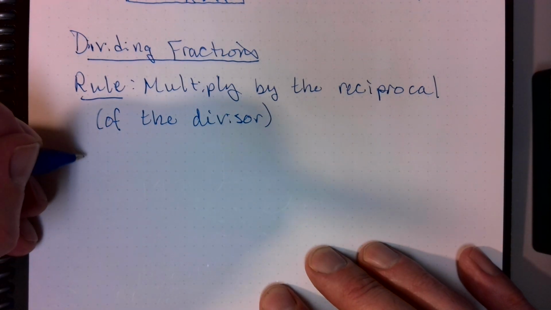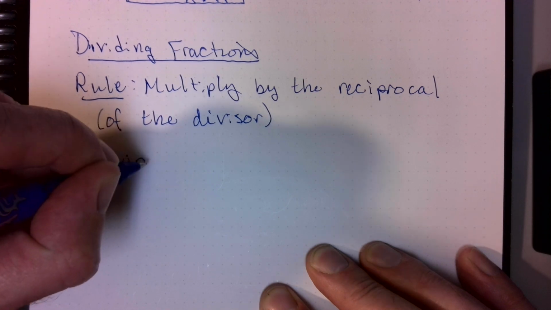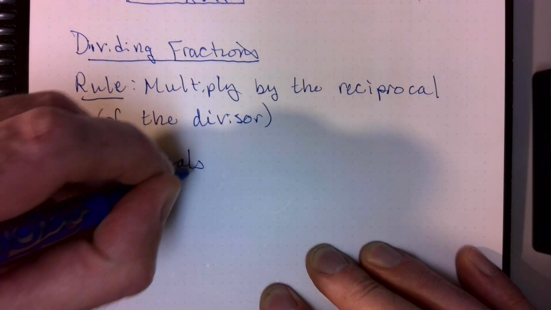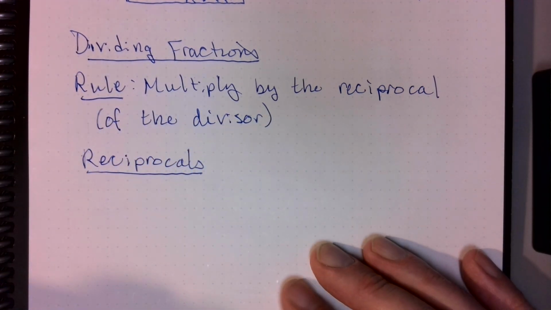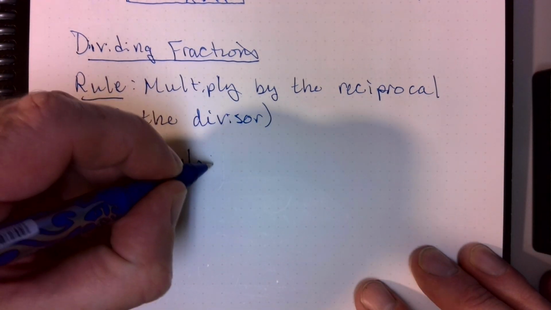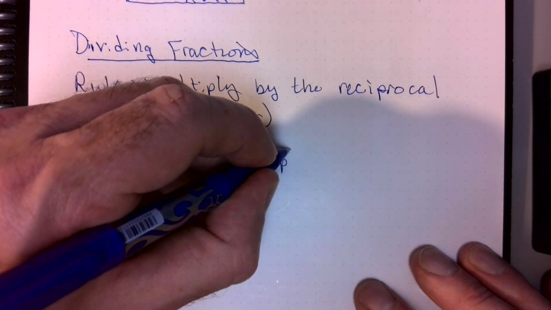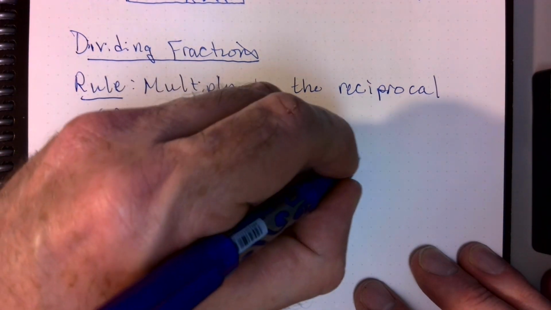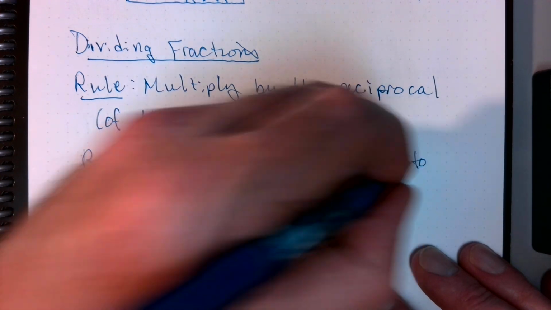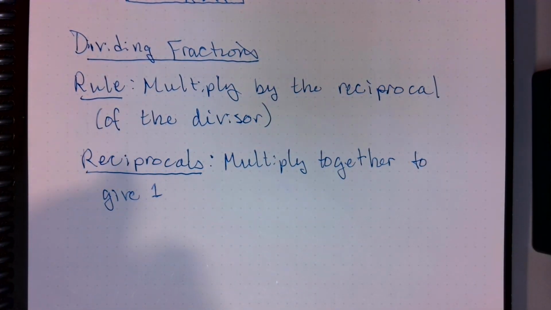So I suppose before we get started, we should talk about what reciprocals are. Reciprocals multiply together to give you 1. They are multiplicative inverses.